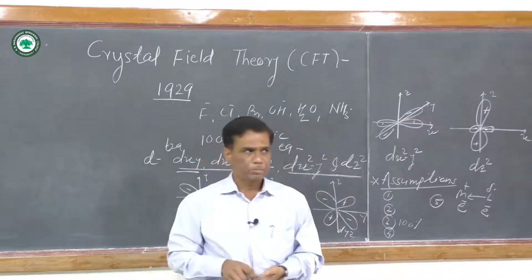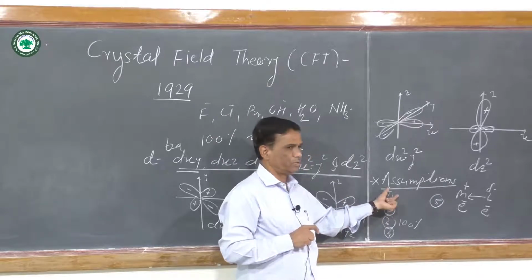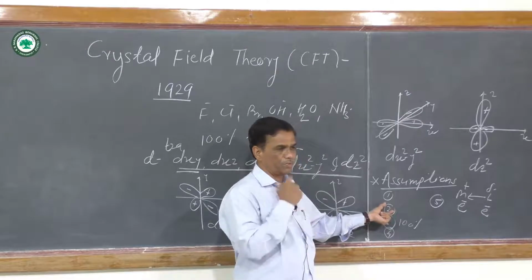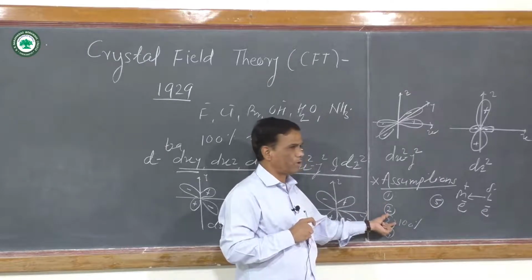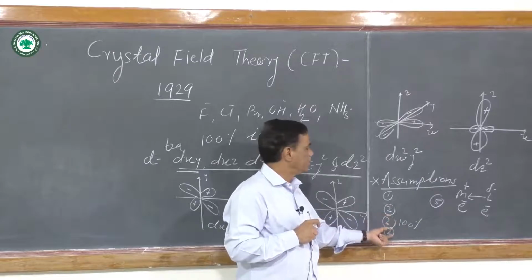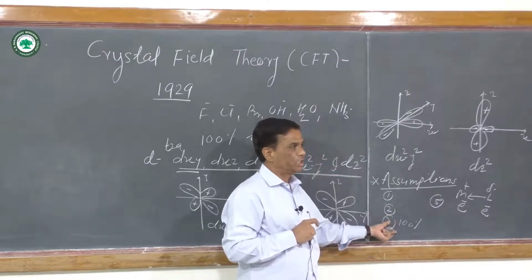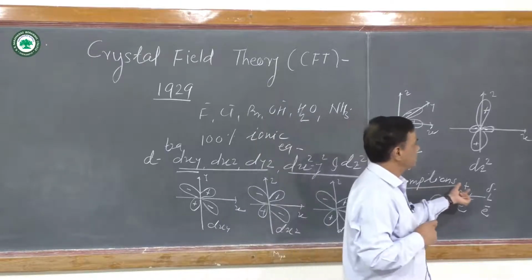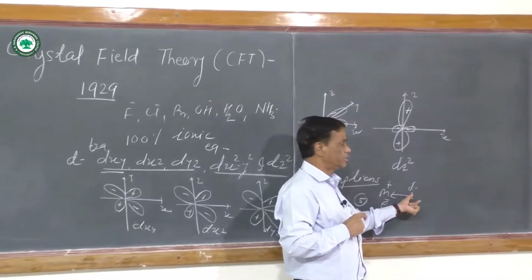And these are the assumptions of crystal field theory. Formation of positive metal and negative ligand delta. Then there is attraction between positive and negative charge. Then 100% ionic bond formation. Then the electrostatic attraction is due to the charge on the metal being positive and the ligand being negative.